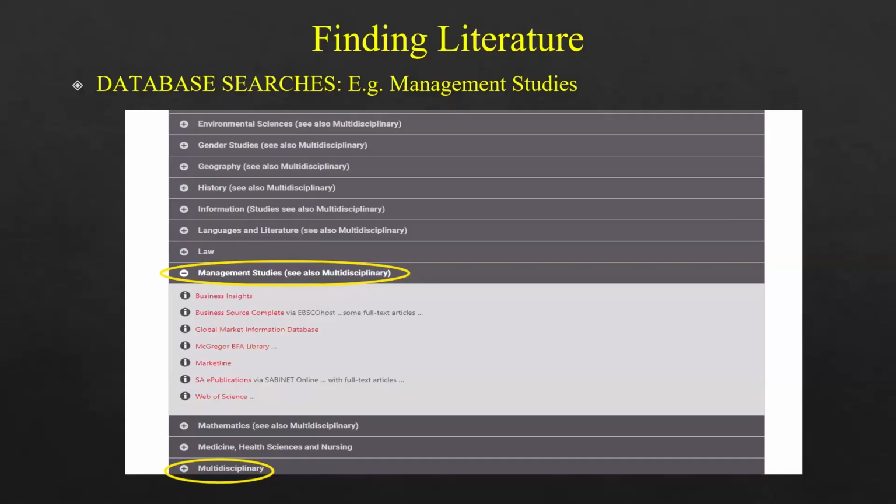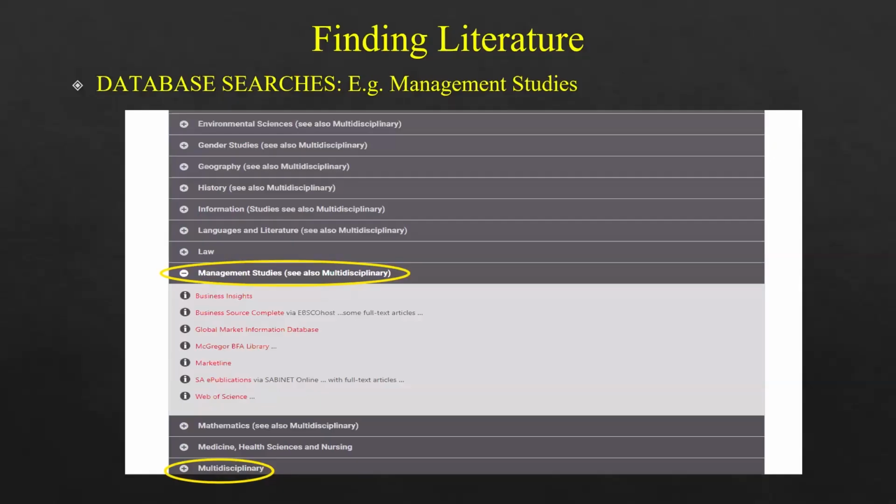So some you may already be familiar with, some may be new to you, but all very relevant to management studies. And as you can see there with management studies, in the brackets, it says see also multidisciplinary. So what you can do is you can go straight to multidisciplinary and click on it, and you'll find even more databases that may be relevant to a study in management studies.